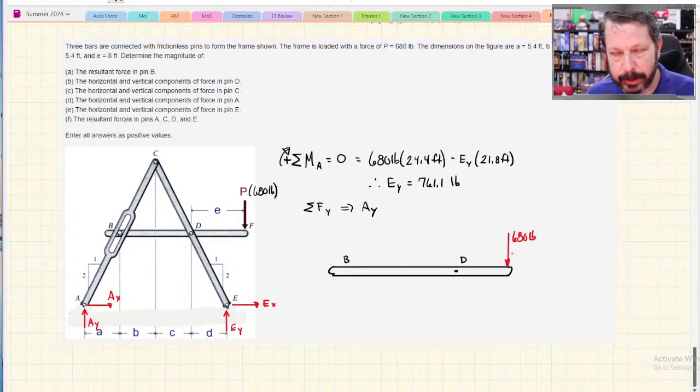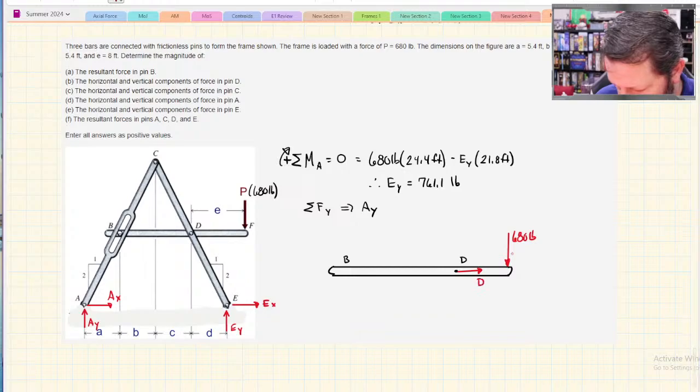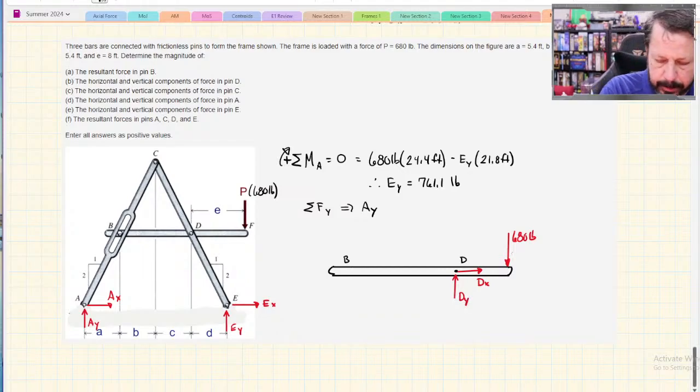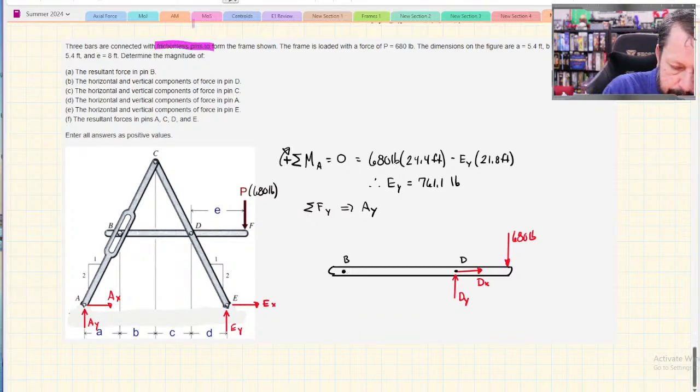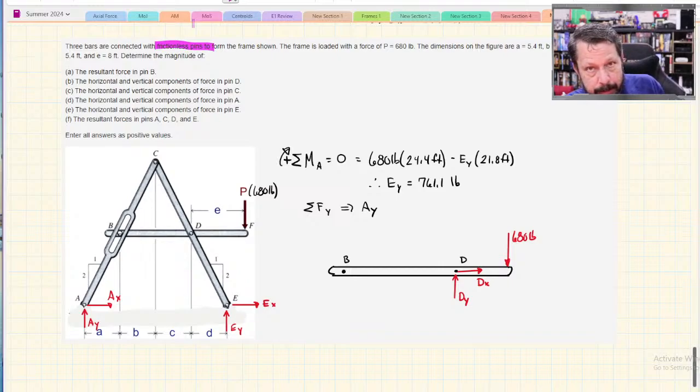We already decided there were no two force members. But B is the key to this one. So B is a roller in a slot. And so it doesn't say anything. Actually, it does. It says frictionless pins. B counts as a pin. It's just in a slot, not a pin that's pinned to a clevis.